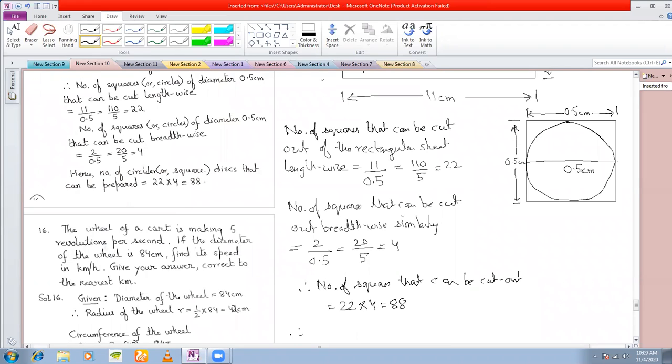So the number of circles that can be cut out is also 88. Okay, so this was more of a common sense problem than a mensuration problem.